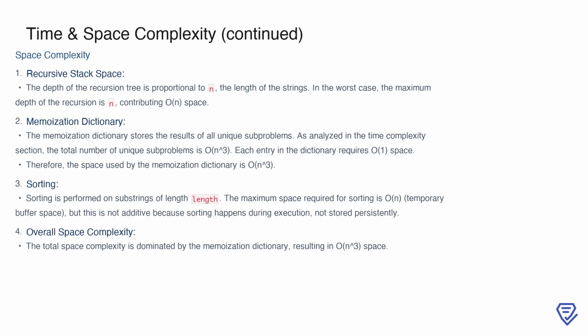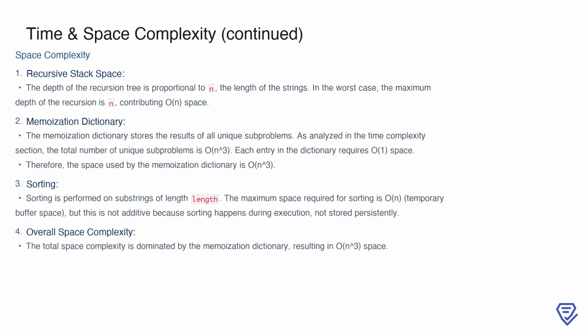Each entry in the dictionary requires constant space, O(1), making the total space used by memoization n cubed. Sorting substrings also requires additional space, specifically O(n), for temporary buffer storage. However, this is transient and does not contribute to the overall persistent space complexity. When we consider all factors, the space complexity is dominated by the memoization dictionary, resulting in a total of n cubed.